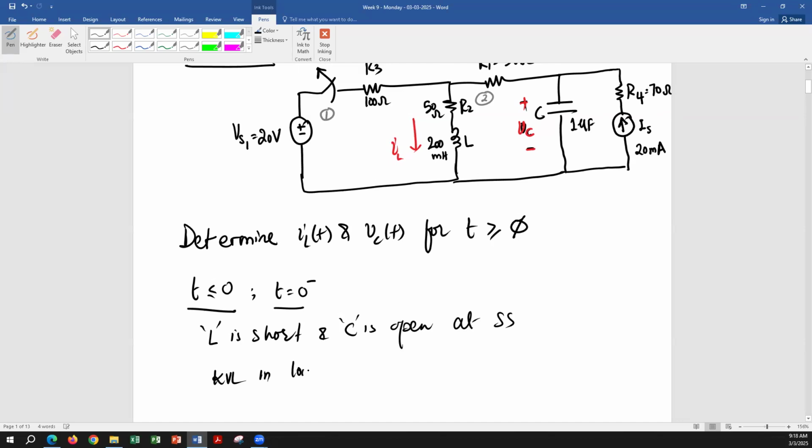KVL in loop 1. All right, guys, what will be the KVL equation in loop 1? Assume this current to be I1. VS1 equals I1 times R3 plus R2.